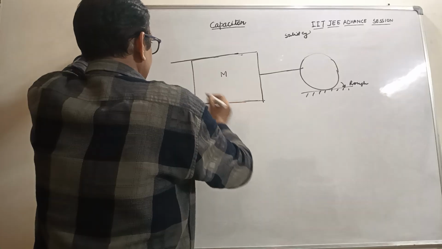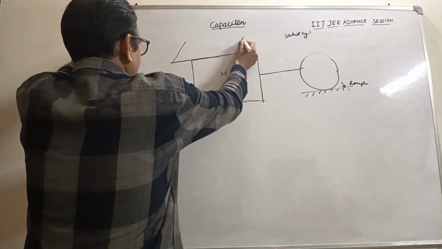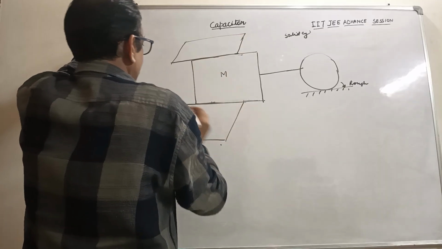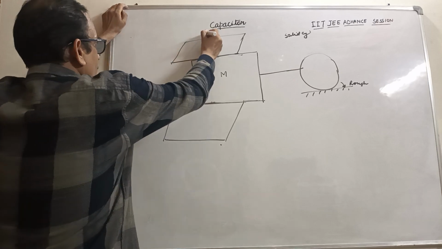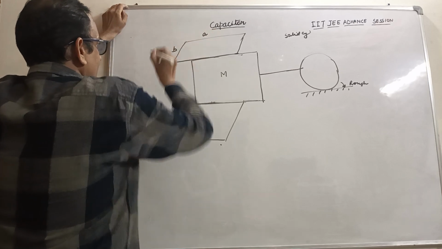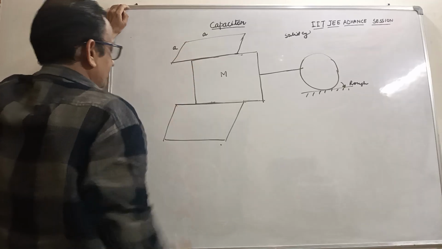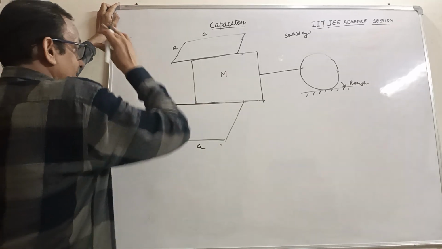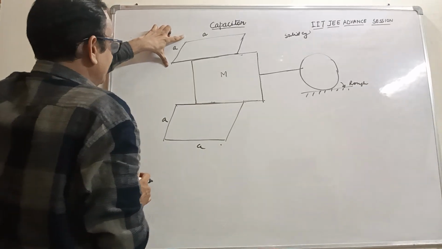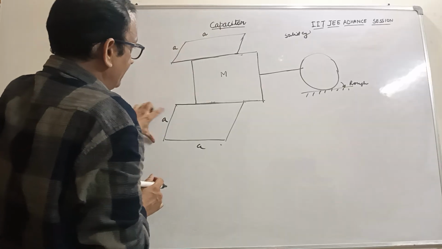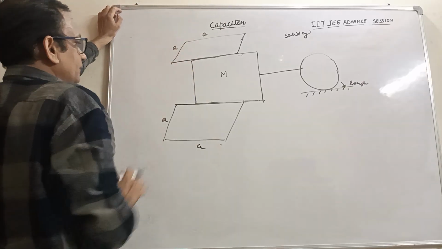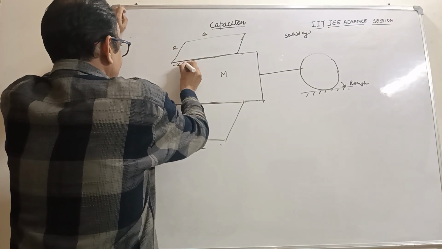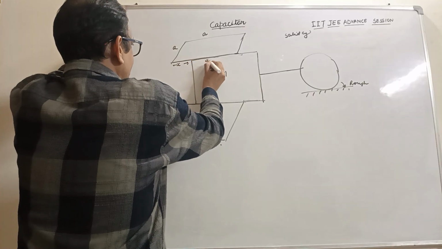Suppose this is a square plate capacitor, this length is a, this length is also a, so this is a square capacitor. So we know, let this distance be x and this distance would be a minus x.